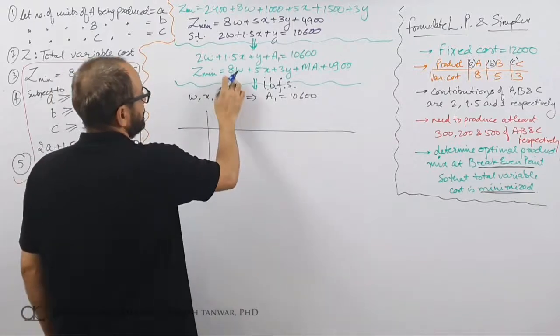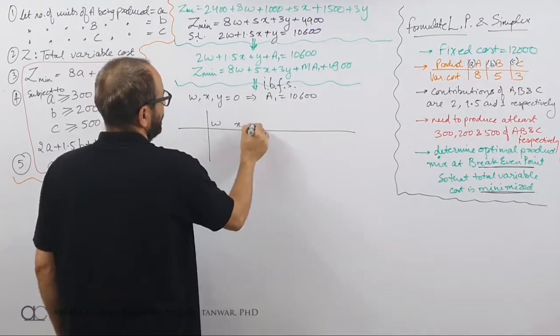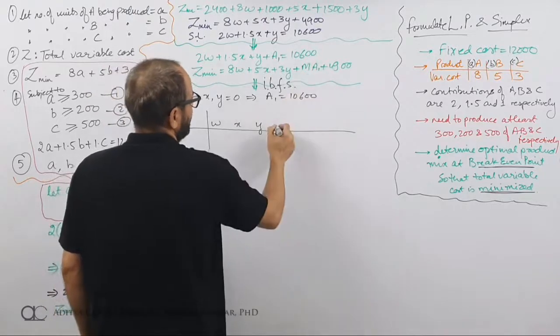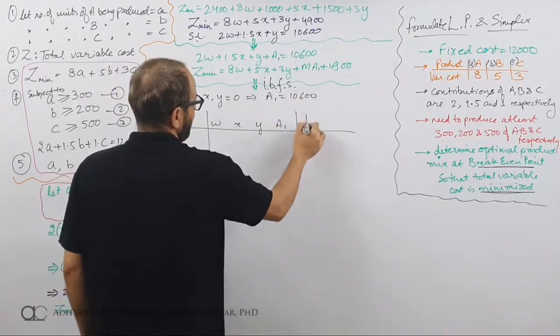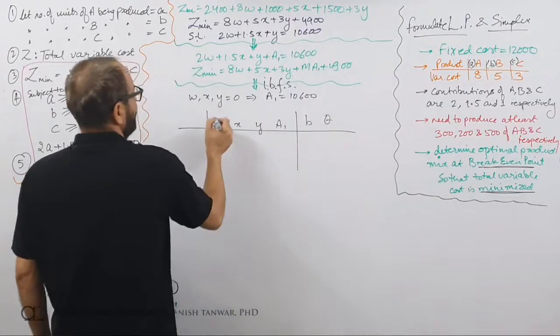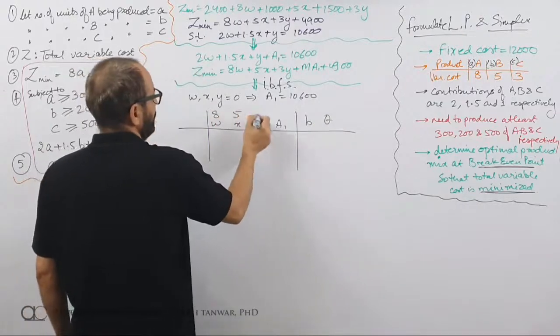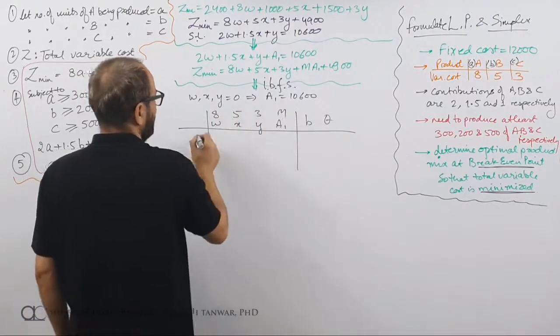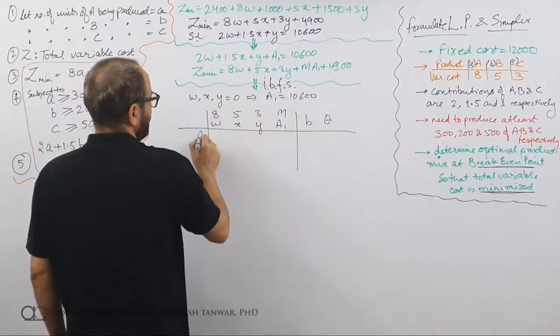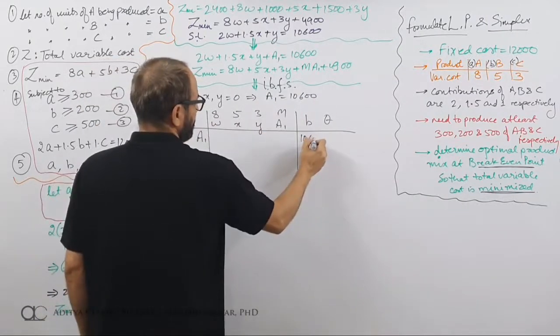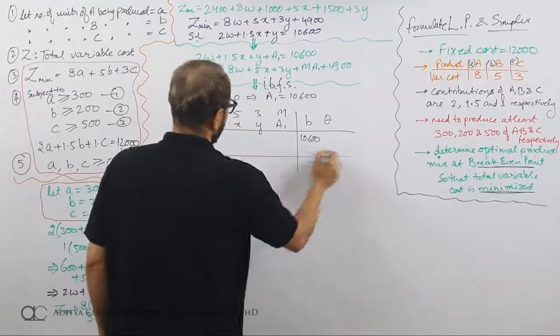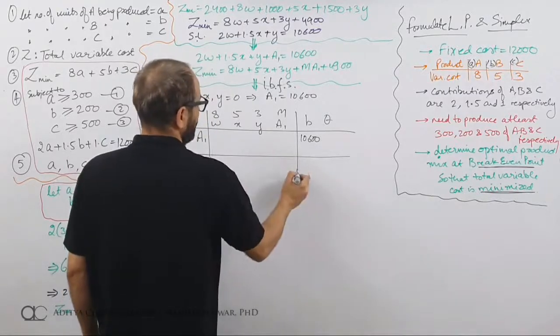What are the variables in Z? W, x, y, and then there is an a1. There will be b and theta. What are the contributions? 8, 5, 3, m. IBFS is a1 is equal to 10600. Only one constraint I have this time.